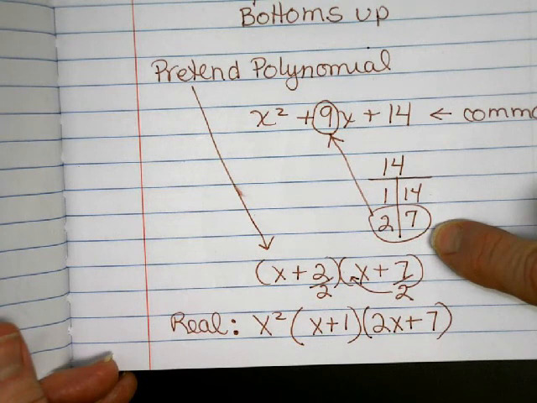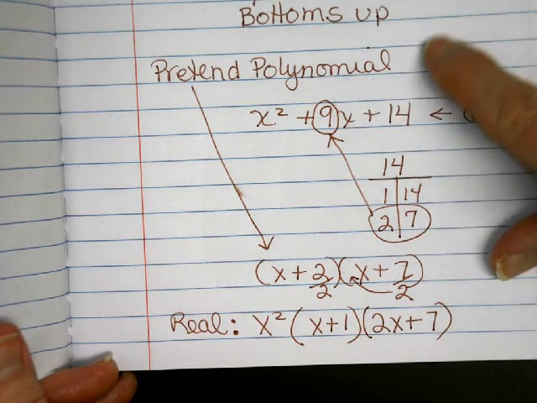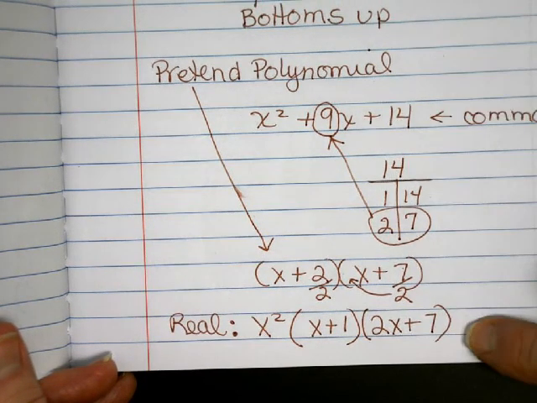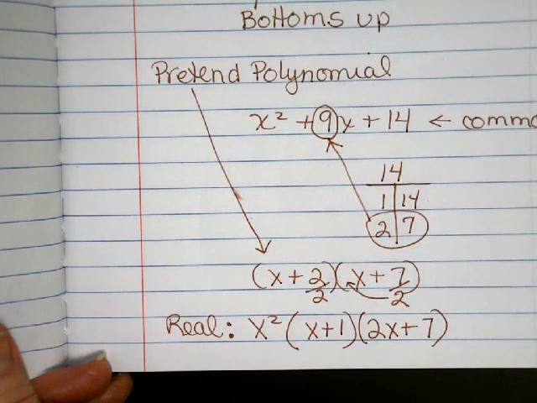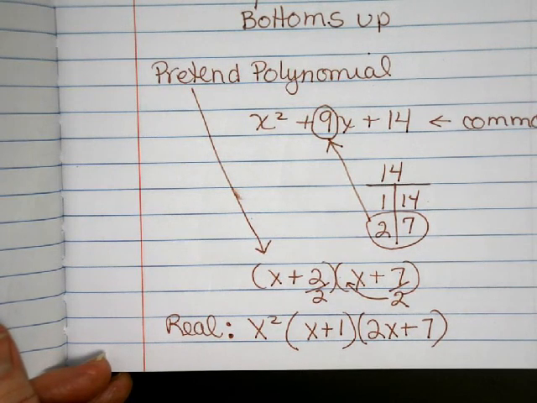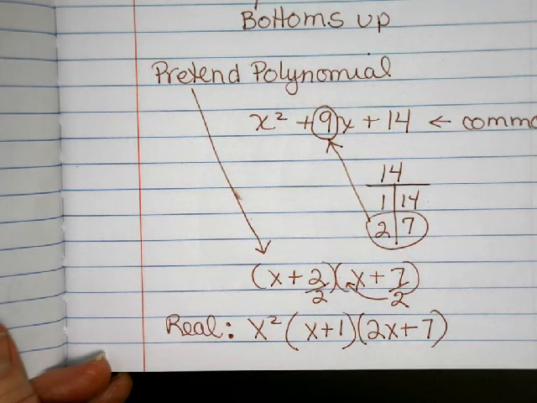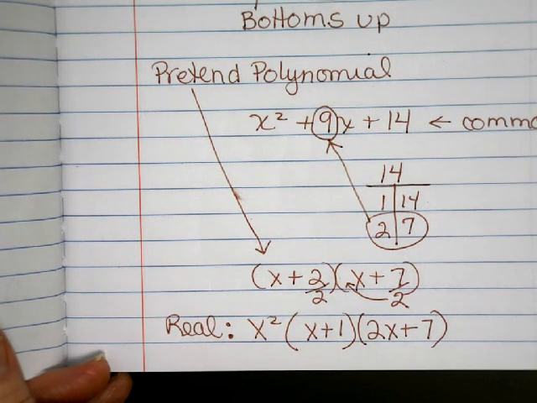So instead of doing that, you make a pretend polynomial where you were guaranteed, you put it bottoms up, back to the final result. It's beautiful. It works every single time. Every single time. It's beautiful.